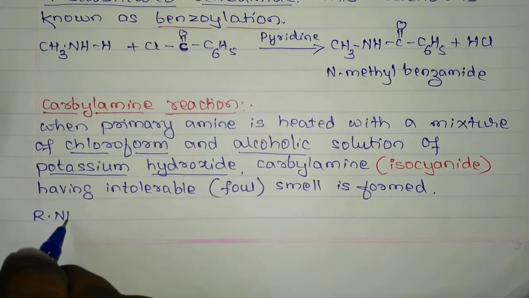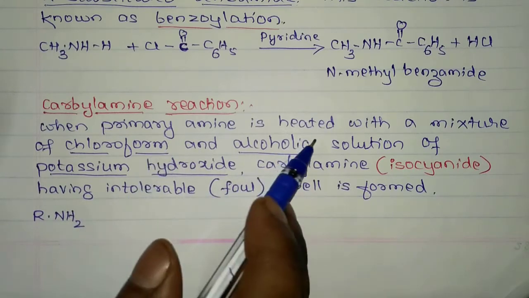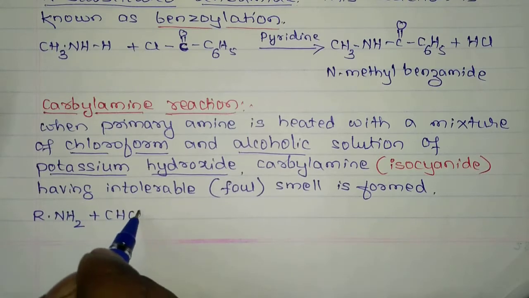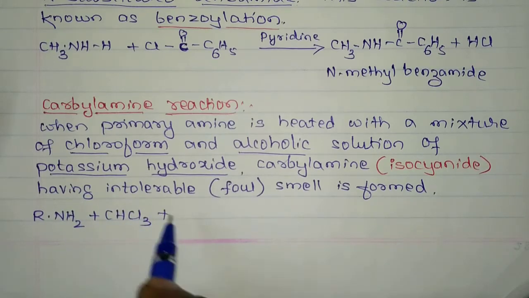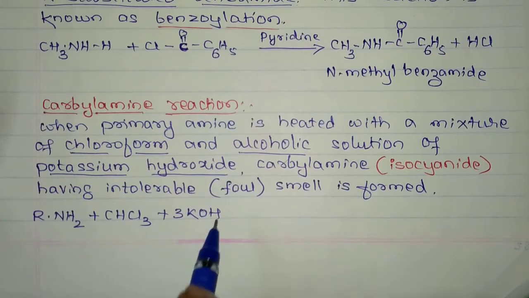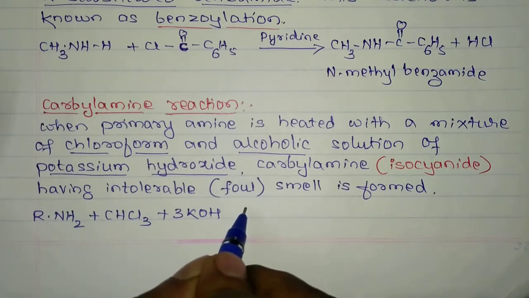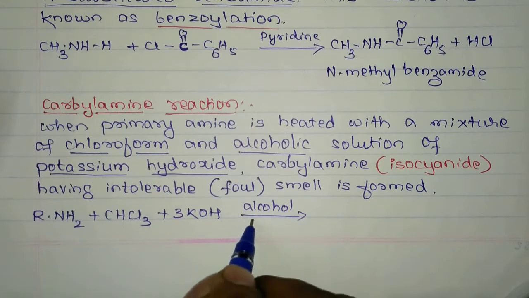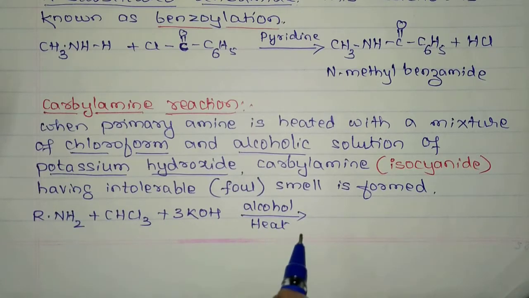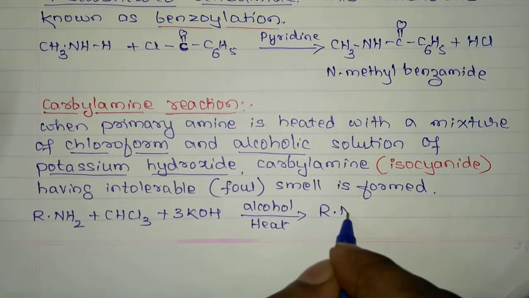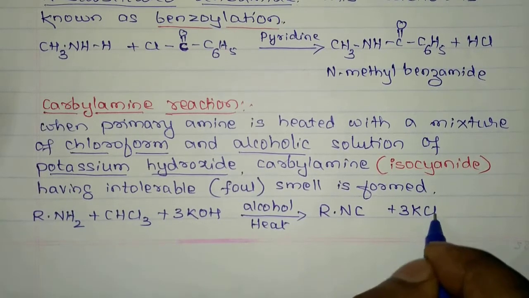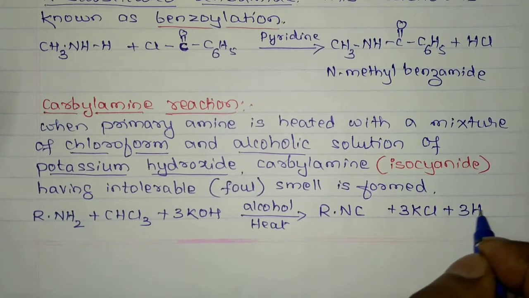RNH2, this is a primary amine, heated with a mixture of chloroform, CHCl3, plus KOH. The reaction should be alcoholic. In the presence of alcohol, just heat it, and you are going to get RNC, this is carbylamine, plus KCl plus H2O.